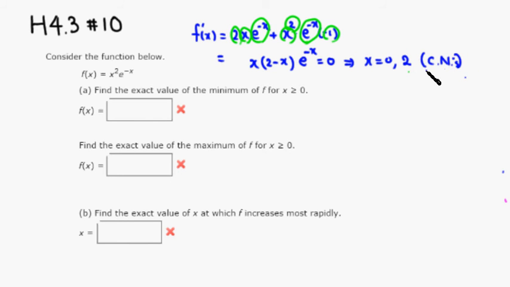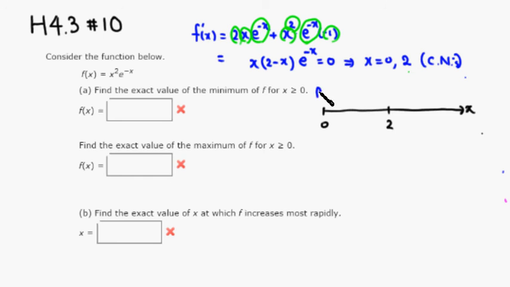Then we want to see which one gives you the maximum or minimum. If you look at this sign chart, here's 0 and here is 2, those are the critical numbers.